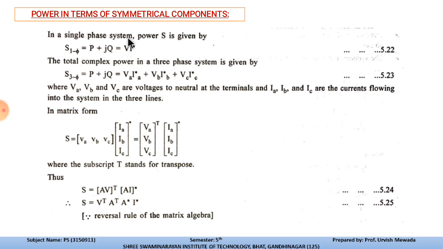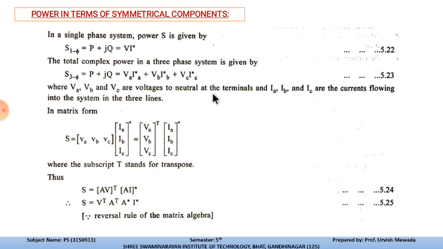Now for the three phase, S is equal to P plus jQ, that will be VA IA conjugate plus VB IB conjugate plus VC IC conjugate, where VA, VB, and VC are the voltages to the neutral at the terminal, and IA, IB, and IC are the currents flowing into the system in the three lines.